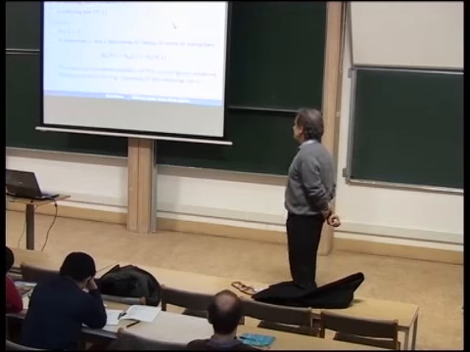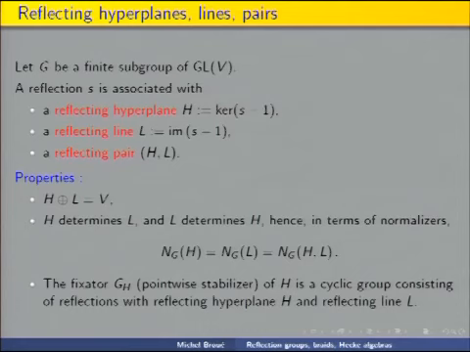All right. Now the fixator, the pointwise stabilizer. I would like to popularize this convention of Tits. You already know this notion of semi-direct product, which is due to Tits, which means the semi-direct product where this guy is normal in that guy.